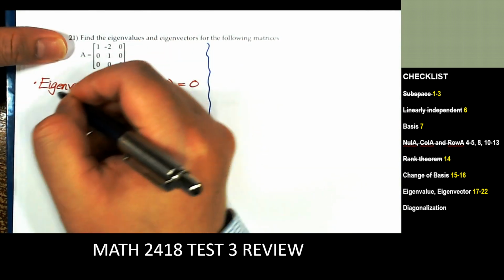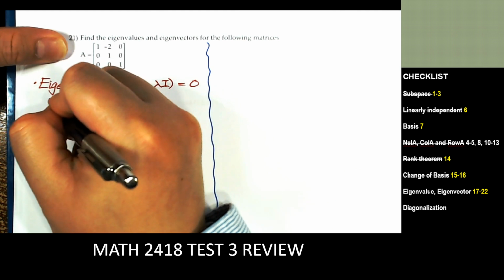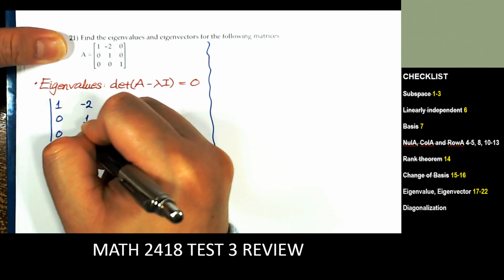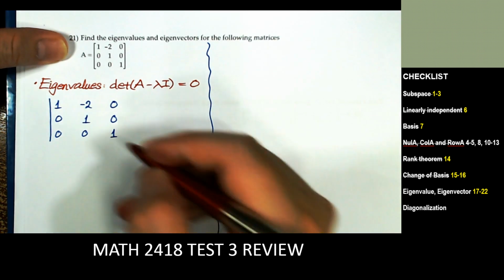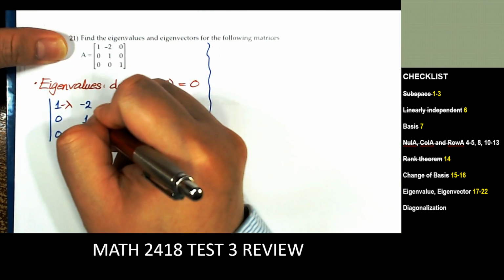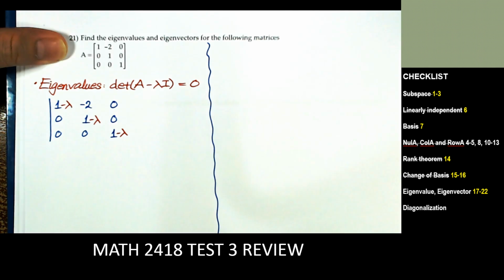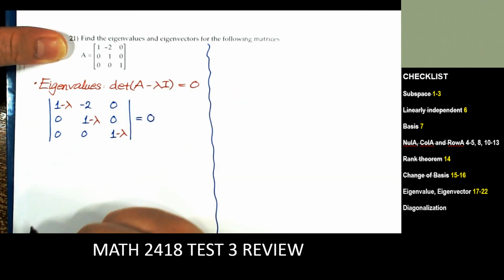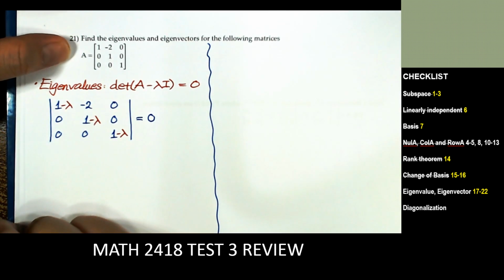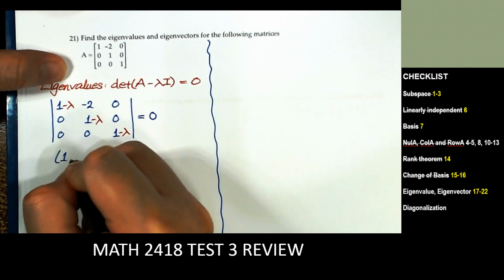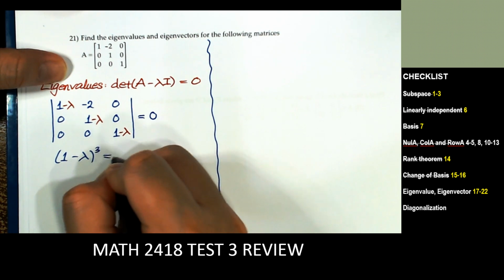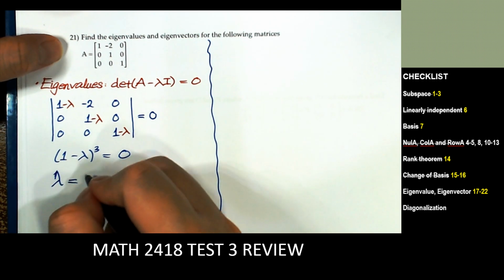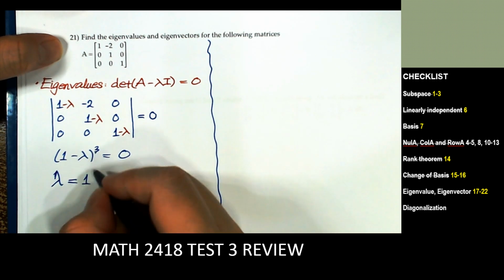We just have the determinant of that matrix, where we subtract the lambda on the diagonal. The determinant of that matrix must be equal to 0. Well, that one is easy. We see that this is an upper triangular matrix, so we just have (1 minus lambda) cubed equal to 0. So the eigenvalue is lambda equal to 1, with multiplicity of 3.